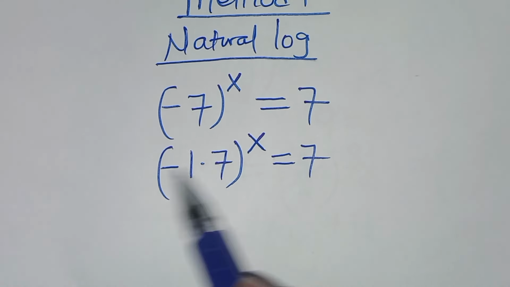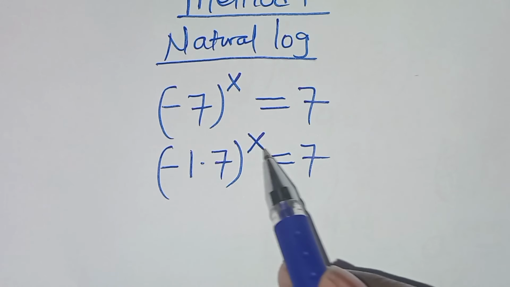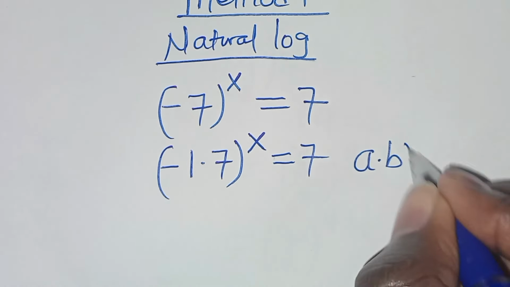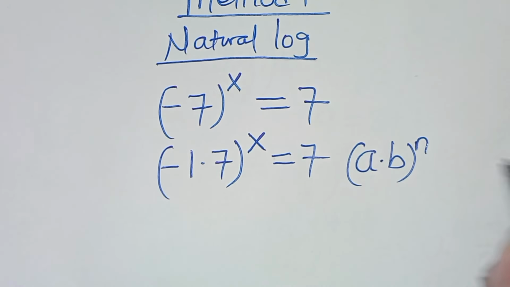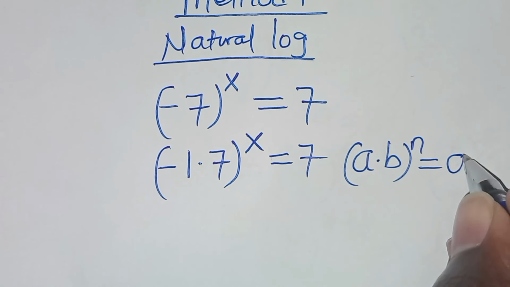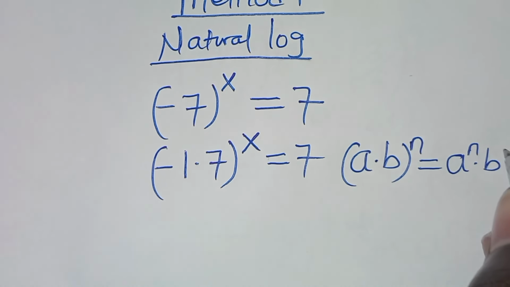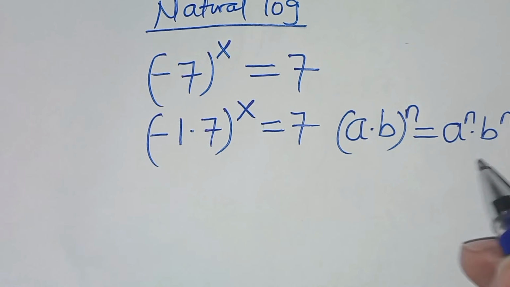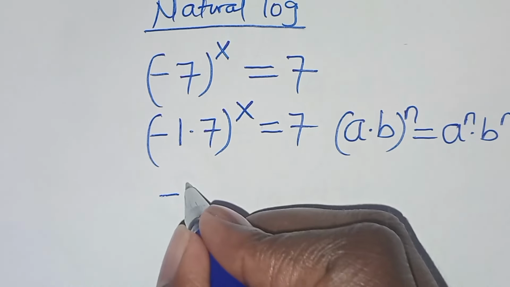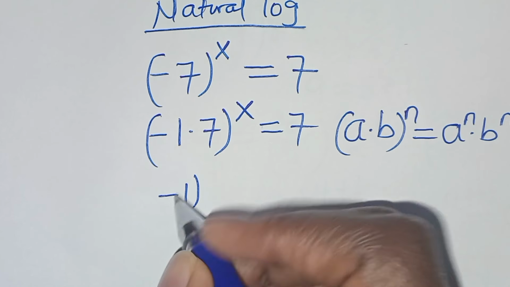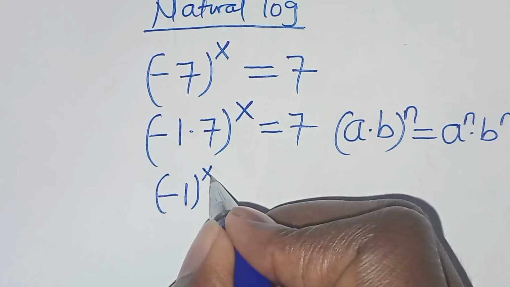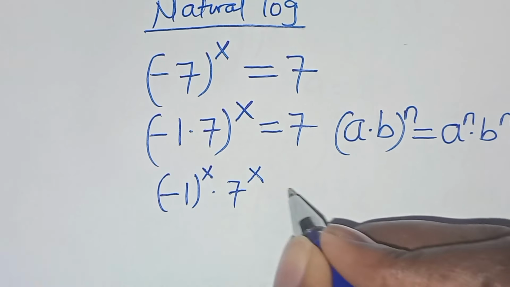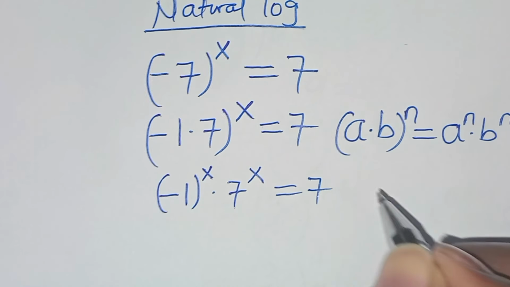And you find that (-1 times 7)^x is in the form of (a times b)^n, which we can express as a^n times b^n. Applying this exponent property, we have (-1)^x times 7^x equal to 7.